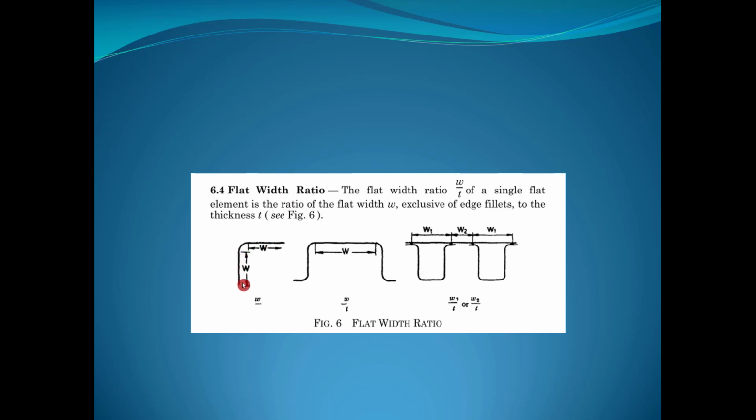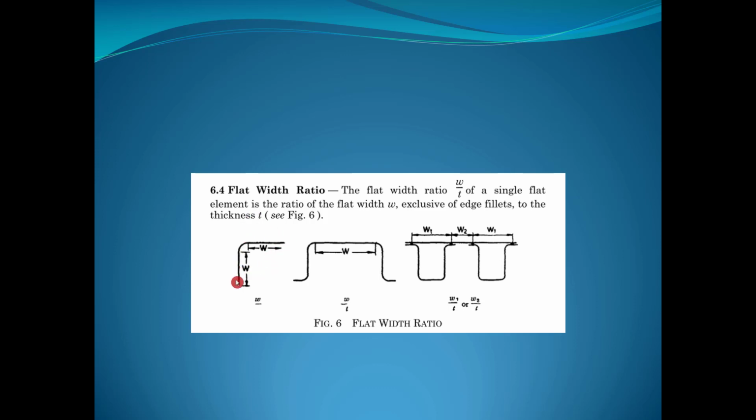So you have an angle section, a hat section, and the U sections here, and the flat width ratio is the ratio of width to the thickness of a single flat element, and the flat width W is exclusive of the edge fillets to the thickness T.